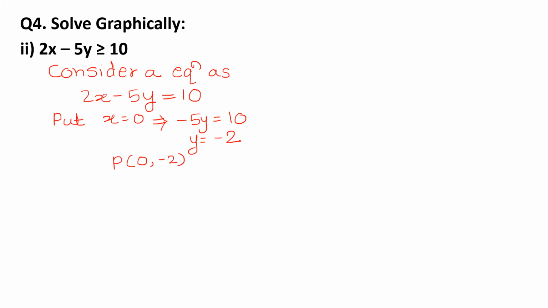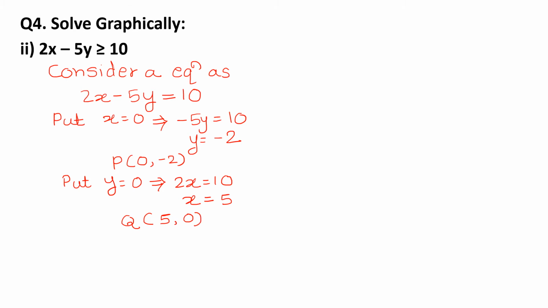Let us name it as point P. Now put y is equal to 0. So if I put y is equal to 0 in my equation, what I get is 2x is equal to 10. So from this, I obtain the value of x as 5. So I got now the second coordinate. Let us name it as Q is equal to (5, 0).